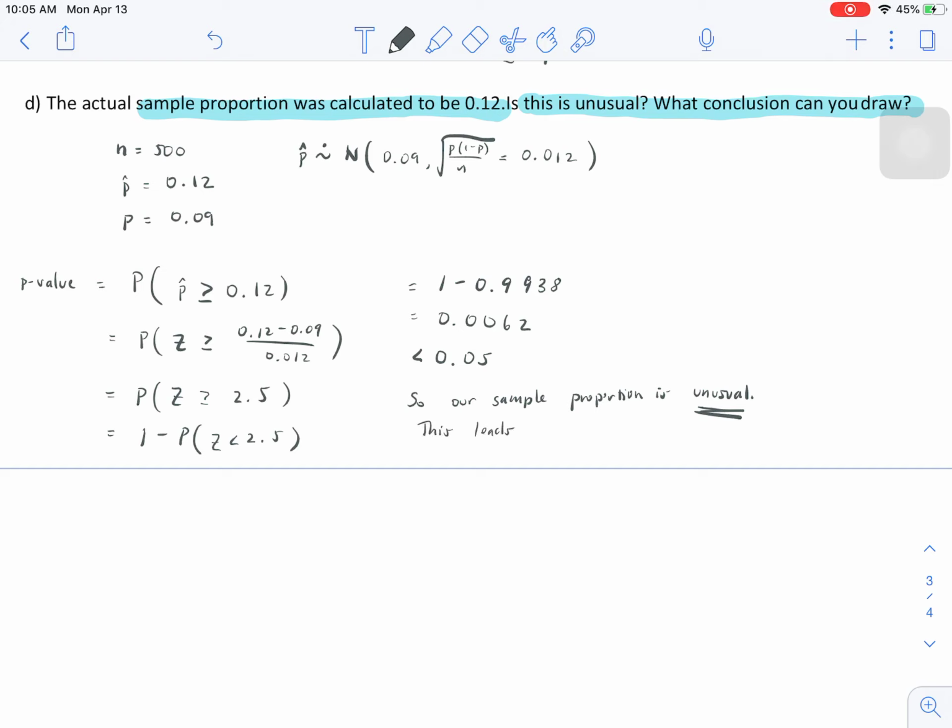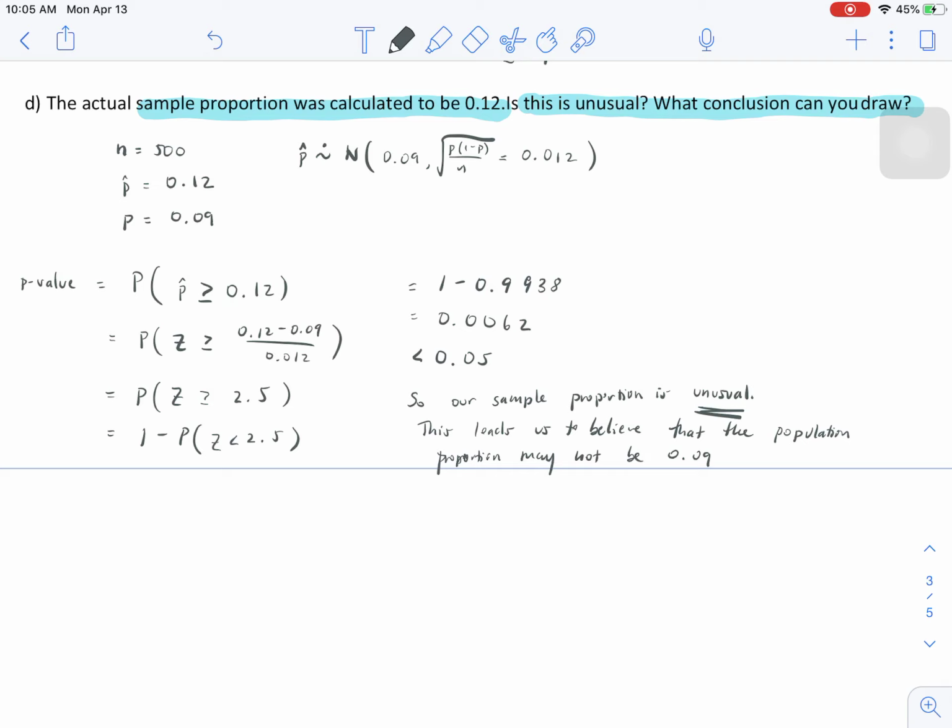This gives us evidence that the population proportion may not be 0.09, because if the population proportion was 0.09, the probability of observing a sample proportion as or more extreme than 0.12 was very small.